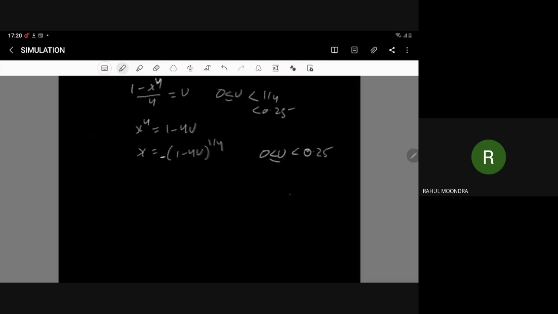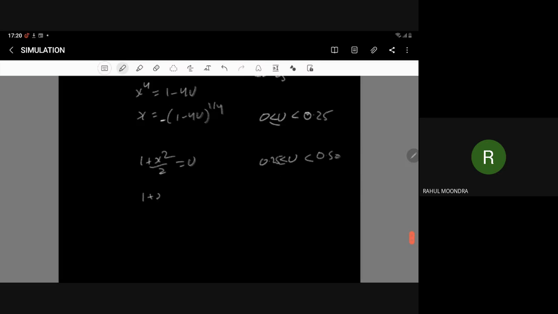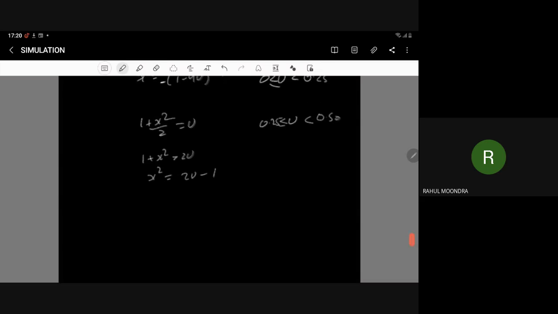For the range u from 0.25 to half, that is 0.50, what function do we have? 1 plus x square by 2, let this be equal to u. So 1 plus x square is equal to 2u. So x square is equal to 2u minus 1, or x is equal to root of 2u minus 1.